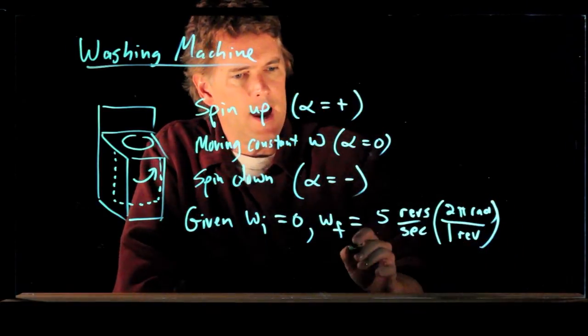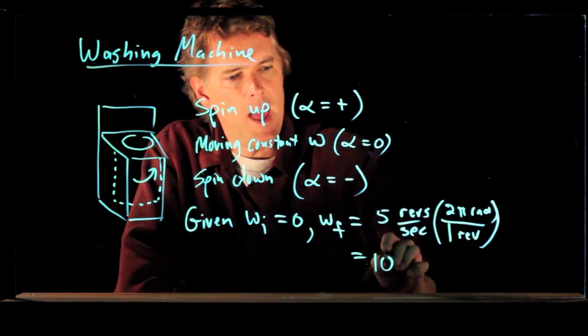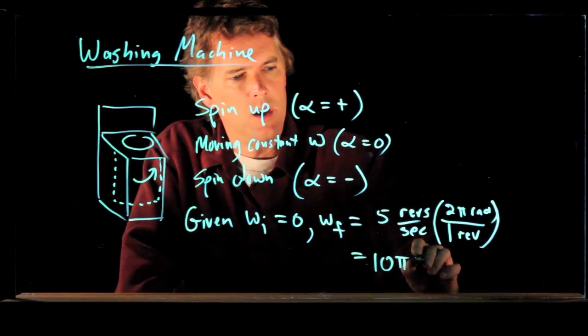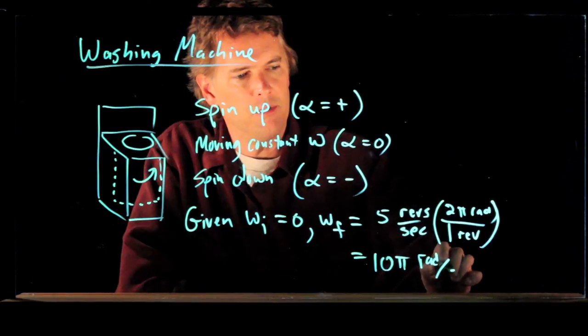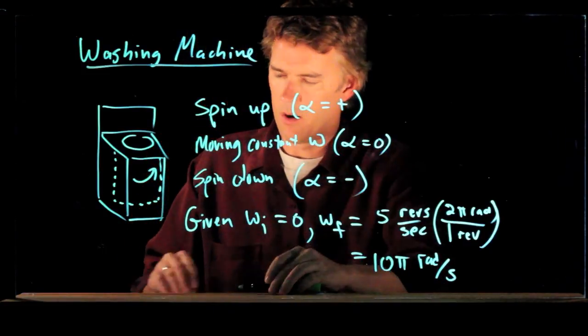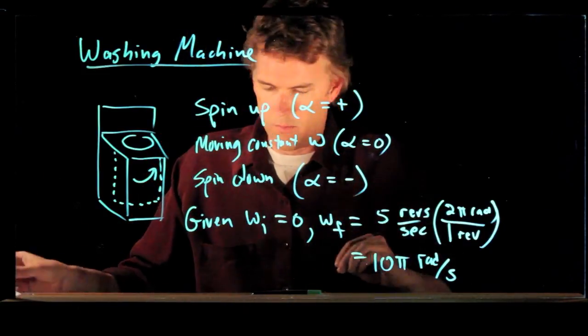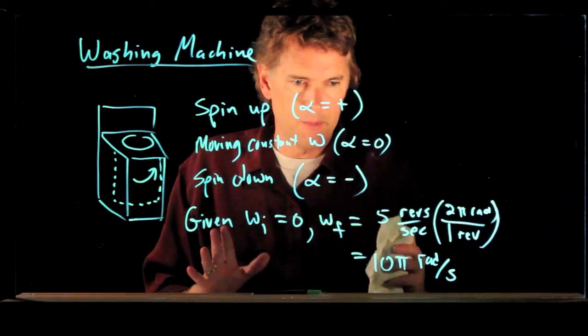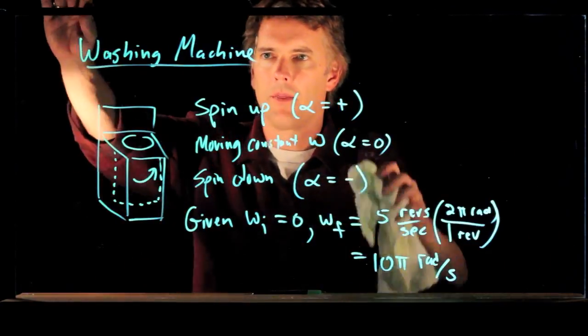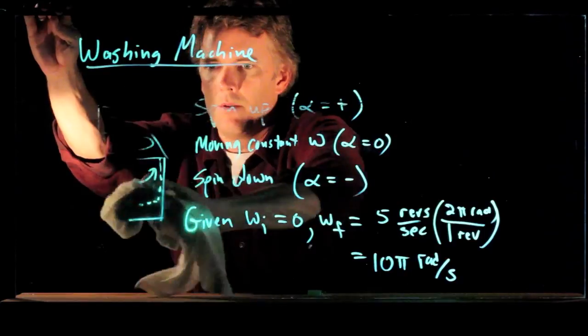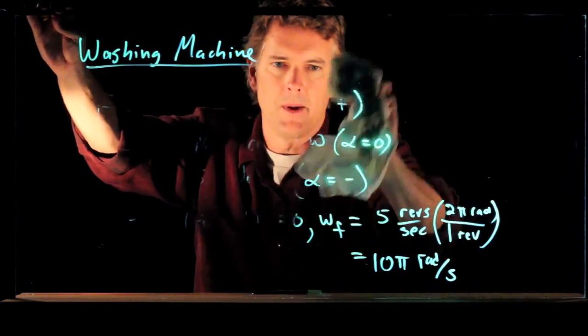Okay, and so this last little bit becomes 10 pi radians per second. Okay, so we've got some information here. We want to figure out something about the motion. What do we do? Well, we can use the kinematic equations.